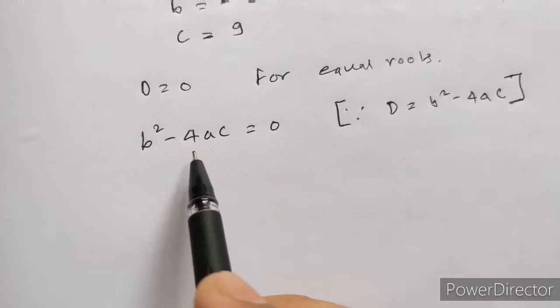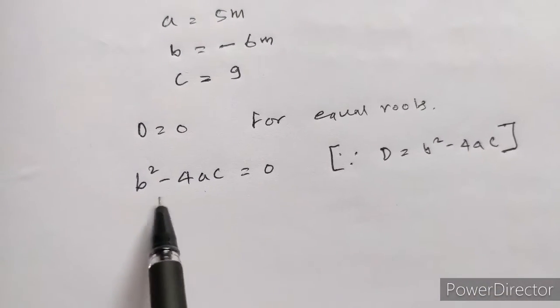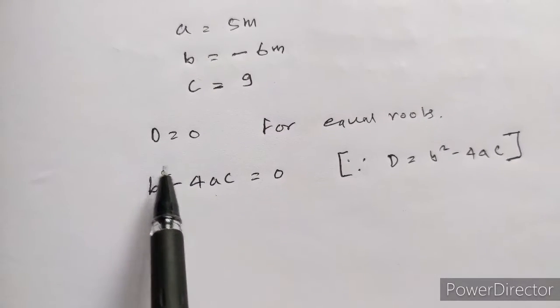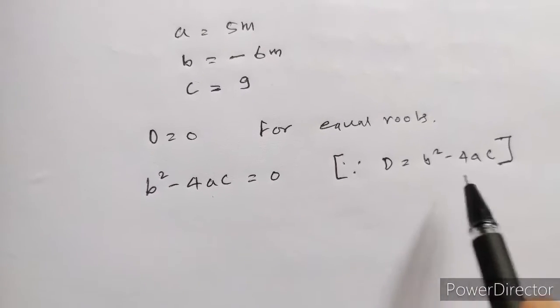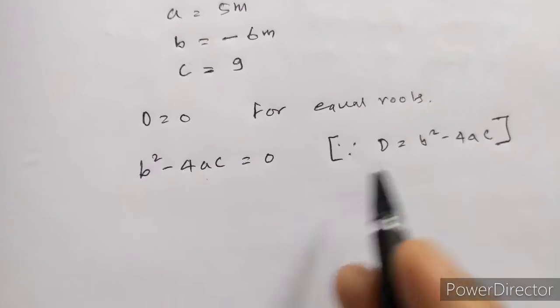So b square minus 4ac is equal to 0. I am using b square minus 4ac in place of d from this formula. So d is equal to 0, this is the condition for equal roots.